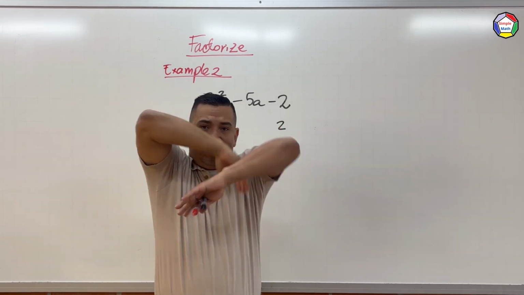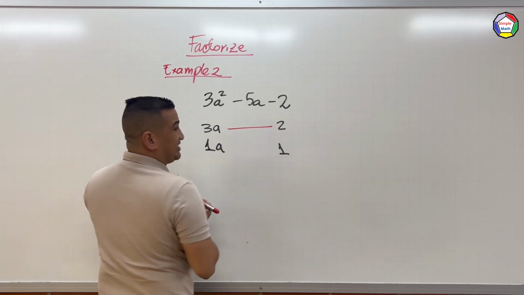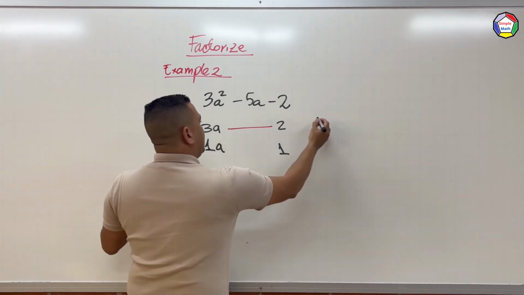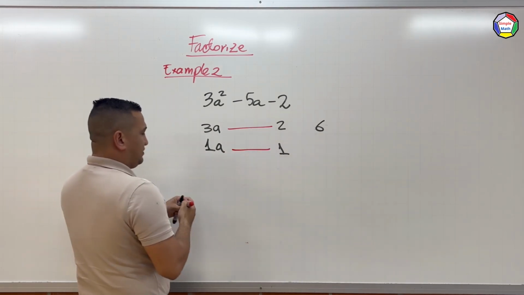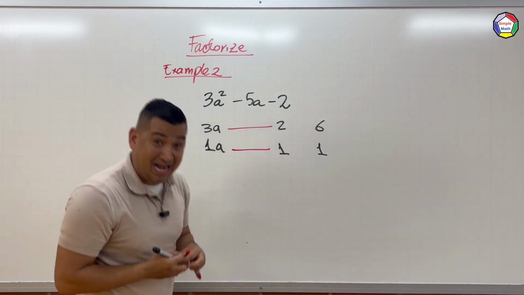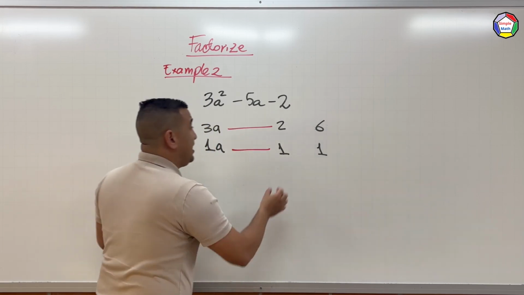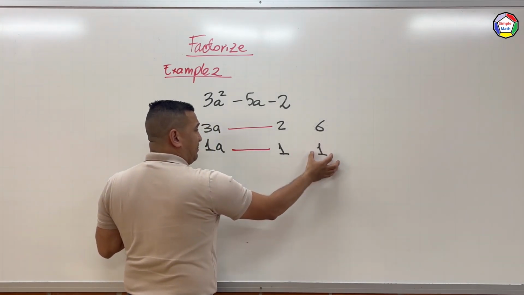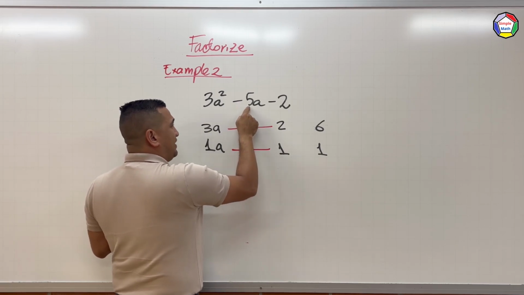I will multiply like this and like this. So 3 times 2 is 6. Yes, 6. And 1a times 1 is 1. Okay, now it's time to think in the combining method. If I combine the 6 and the 1, do I have the chance to get minus 5?